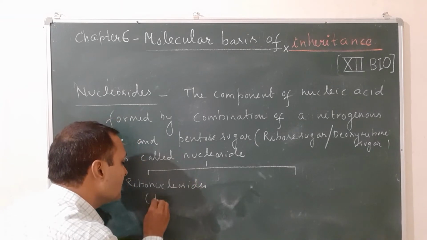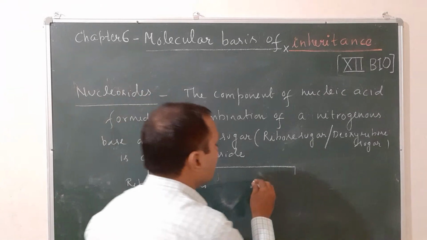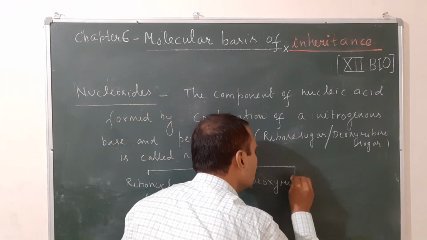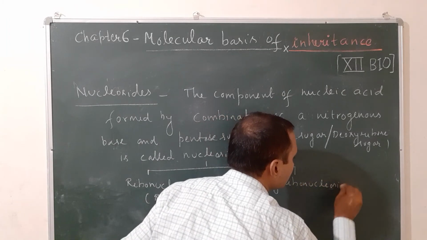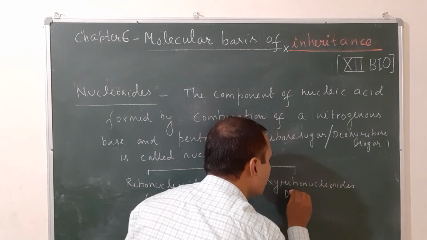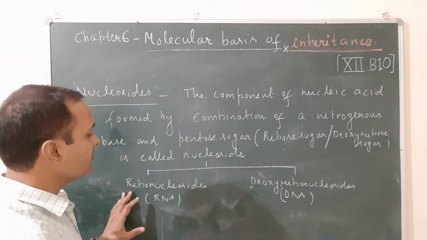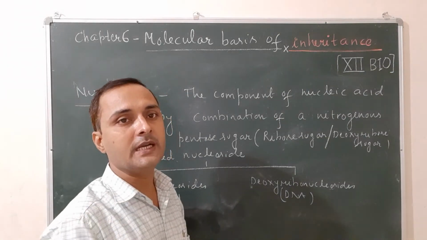It is found in RNA. Second one is called deoxyribonucleosides. It is found in DNA. Okay, ribonucleosides found in RNA and deoxyribonucleosides found in DNA.